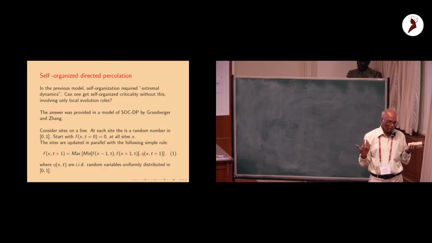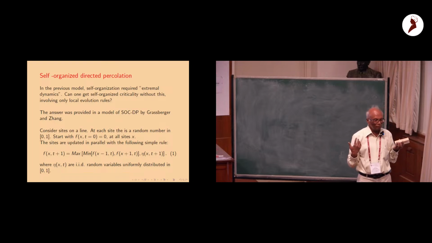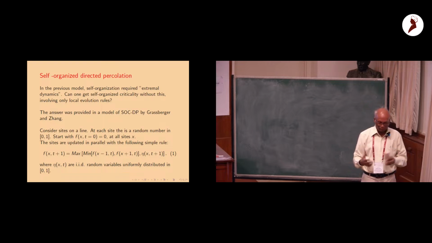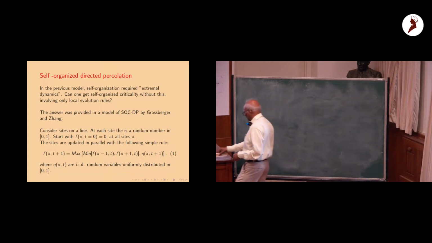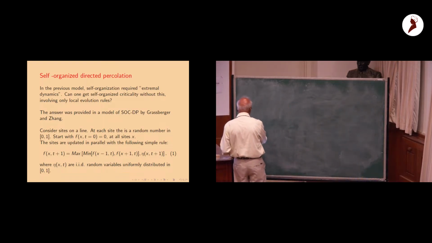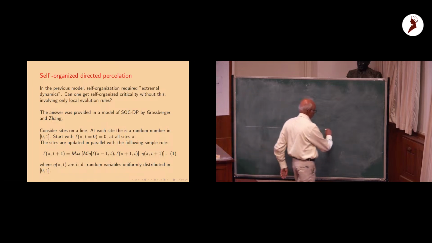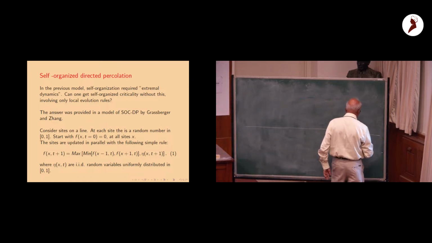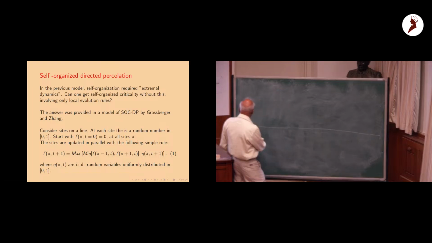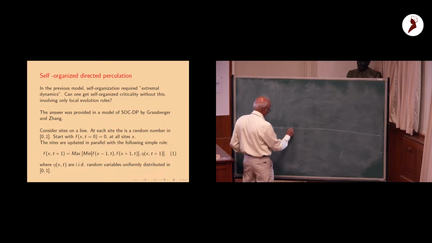But suppose I don't want to wait and I don't want to worry about extremal dynamics, then what can I do? So I will define the model. It's not very clear that it will do something like what we want, but it turns out that it does.